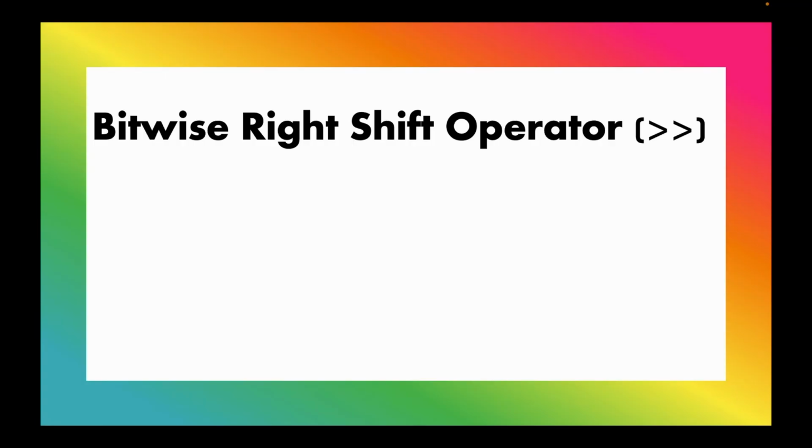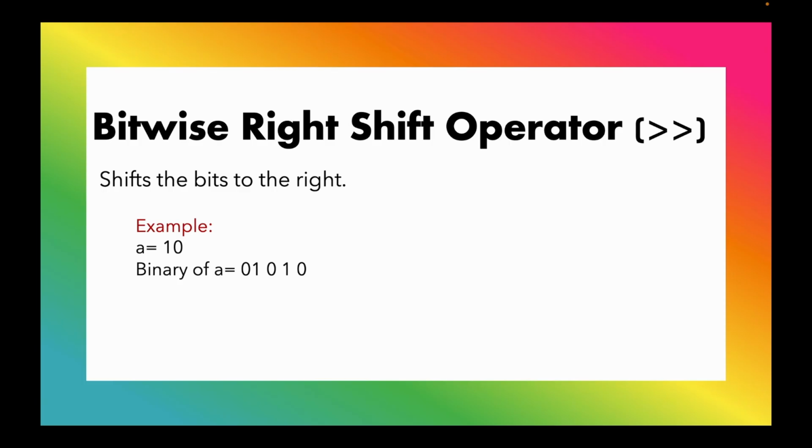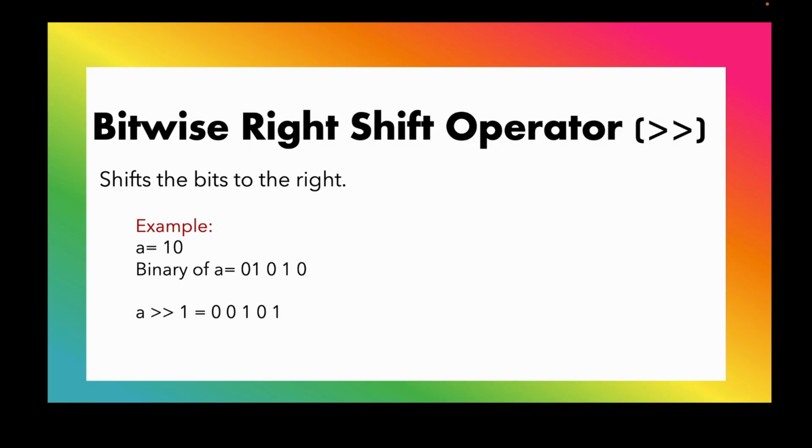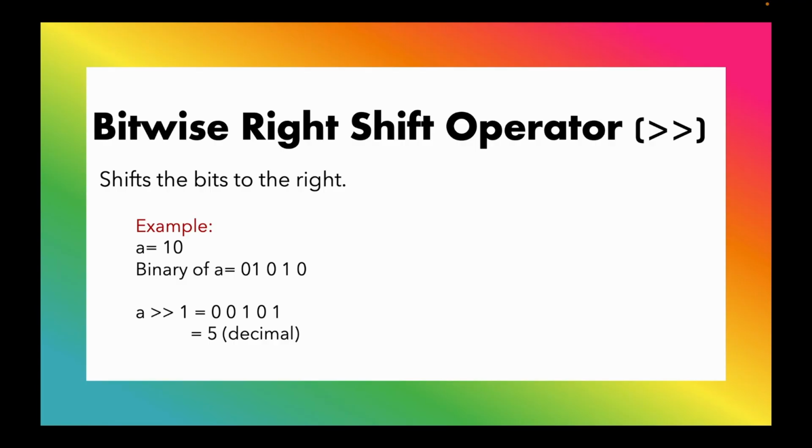Next is the bitwise right shift operator, and it shifts the bits to the right. Let's see the example. A equals 10 and binary of A equals 1010. Here I have added 0 because it represents the sign bit, which represents the positive value. And if we shift A by 1 bit, then our value will be 00101, and this is equivalent to the decimal value of 5.